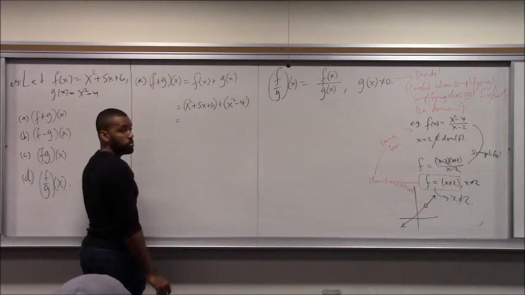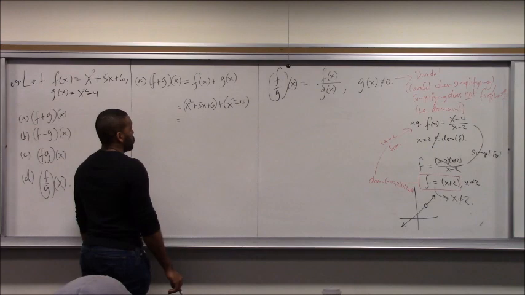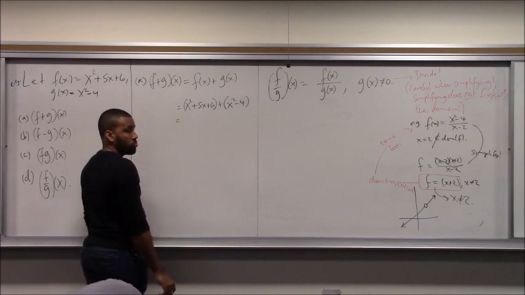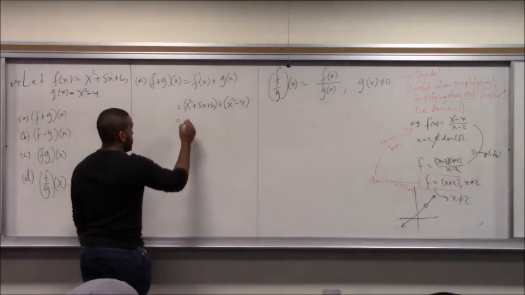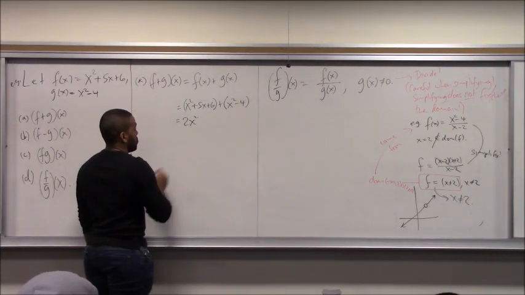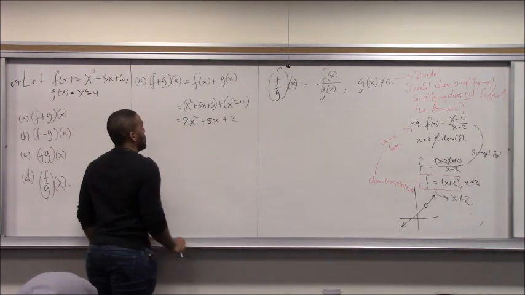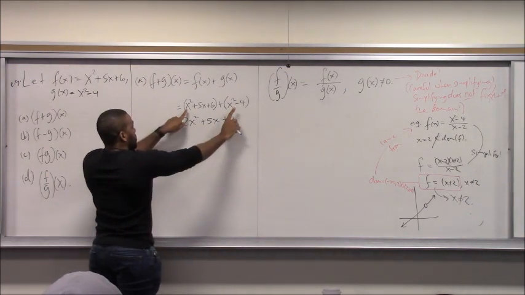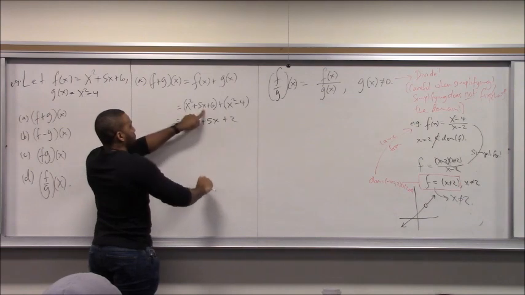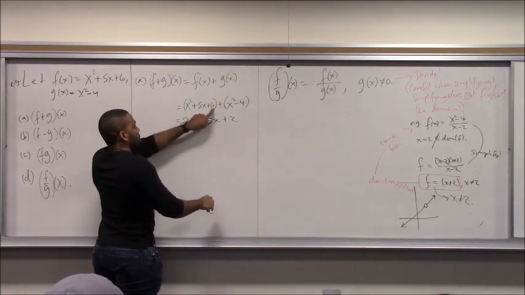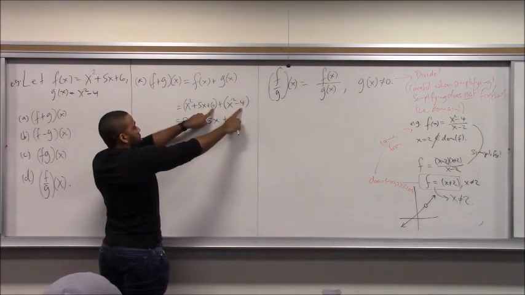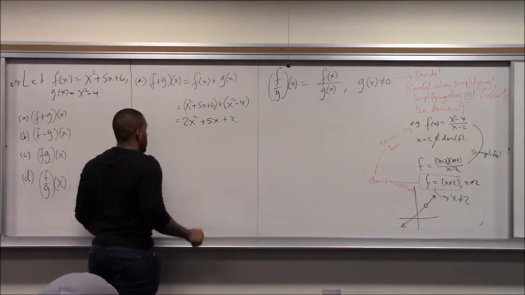What is that? x squared plus x squared, that's 2x squared, plus 5x plus 2. Combine like terms. There are 2x squared, 1x squared plus 1x squared, 5x, there's no other x. There's a plus 6 constant and negative 4 constant, combine those, so that would be that.